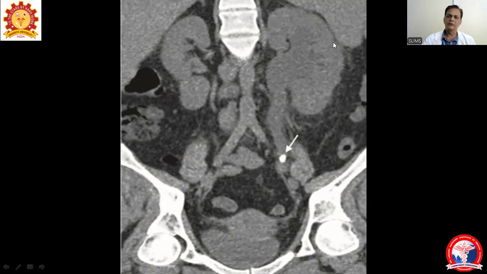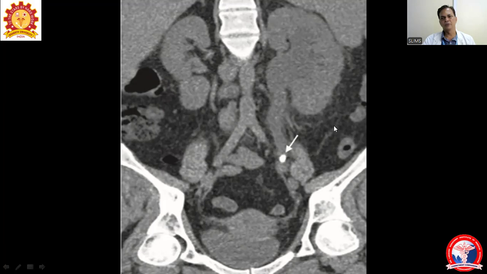And that in turn is again causing back flow and back pressure changes. The kidney is seen as enlarged with stagnated urine. Now, there are other changes related to that. We can see the right kidney, which is normal, non-obstructed. The fat around the kidney has sharp margins and looks uniformly hypodense around the right kidney.